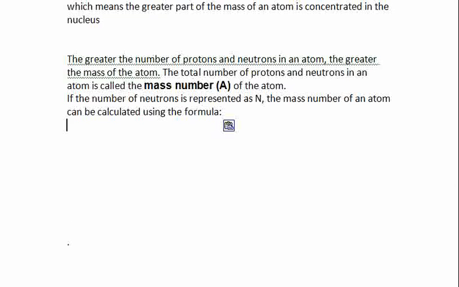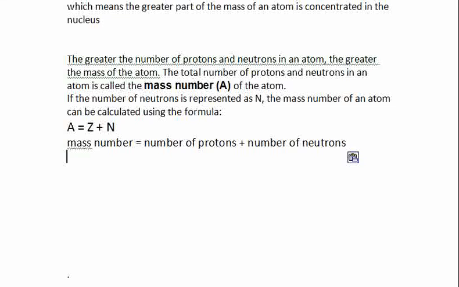If the number of neutrons is represented as n, the mass number of an atom can be calculated using the formula A equals Z plus n. What do those letters mean? A means mass number, which equals the number of protons represented by letter Z plus the number of neutrons represented by letter n.